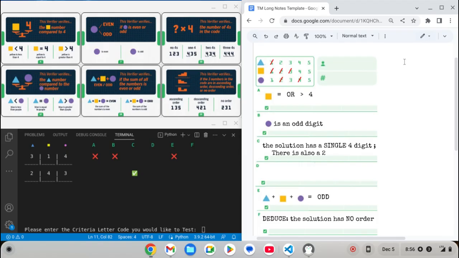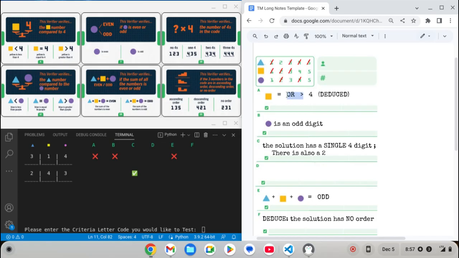So that means that we can cross out everything but the 2 in triangle. And that would mean that we'd be able to deduce that square should actually be the 4. So let me type that up, deduce that it actually equals 4.